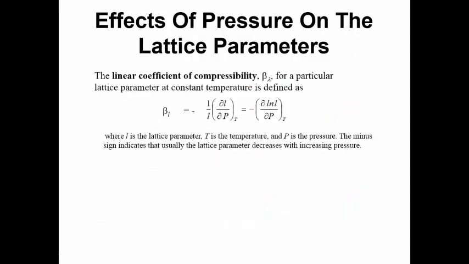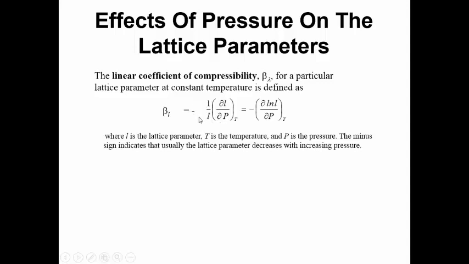Again, the formula for the linear coefficient of compressibility is really quite similar to the linear coefficient for temperature change. Only here, of course, we have the change of length with respect to pressure at constant temperature. Again we have the same problem of extensive and intensive properties, so we divide through by the length.